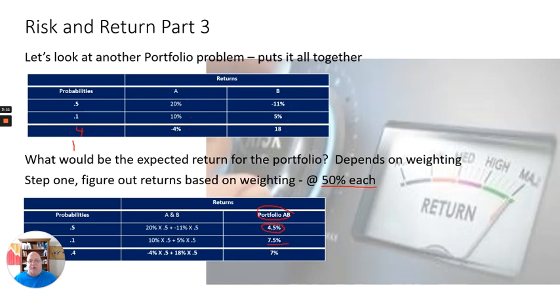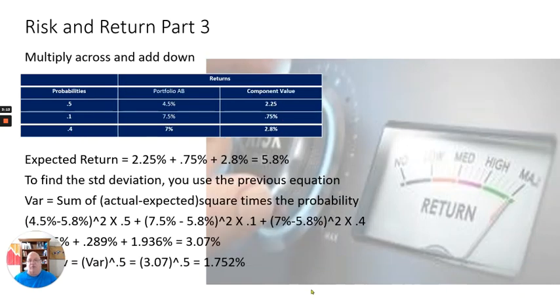Then what I would recommend you do is redo it with only portfolio A and B. Now the neat thing is you can multiply across, and you can actually add down over here to come up with what the values are and to come up with your expected return. So how does that look? If you multiply 0.5 times 4.5, you have 2.25%.